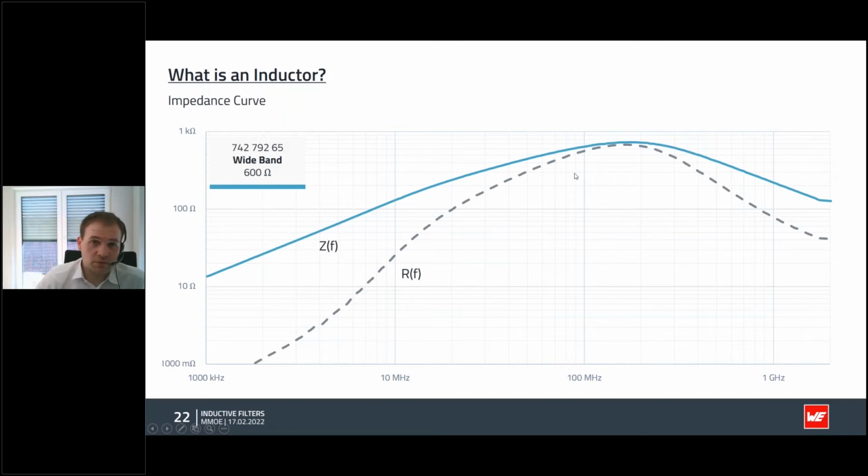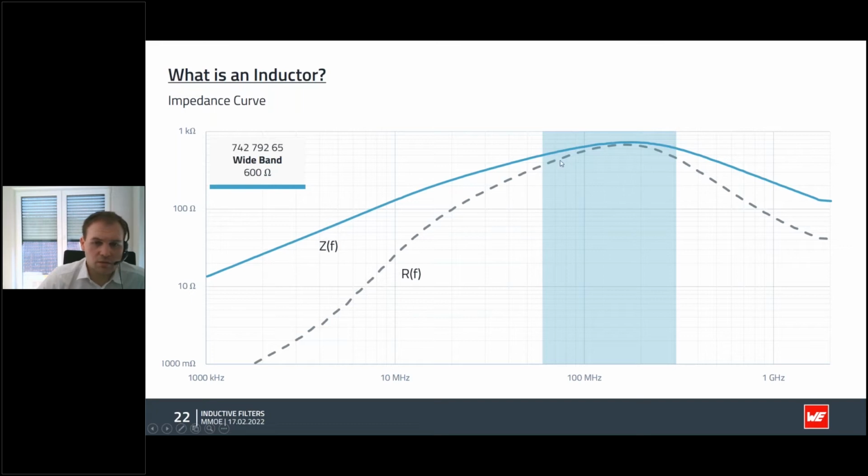For SMD ferrites or for any inductive filter, we of course want to use the frequencies where most of the energy is really burned inside the core, or is used up inside the core as losses. So this is where we want to be at. This is the sweet spot for SMD ferrites or any inductive filter component.